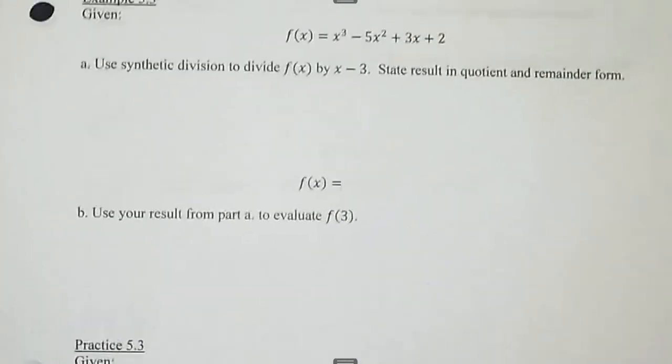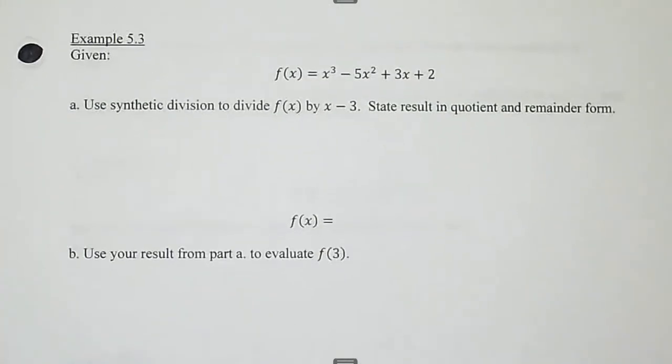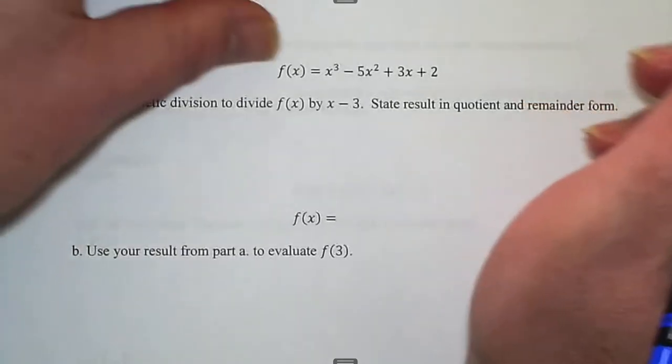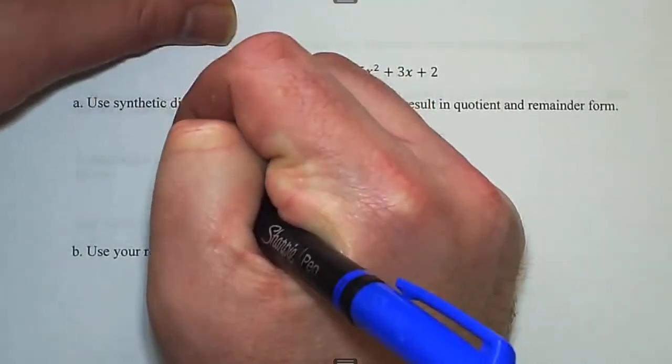All right, so this is where I wanted to get to so you can see why we're doing this. Given this function, f of x equals x cubed minus 5x squared plus 3x plus 2, I want you to use synthetic division to divide f of x by x minus 3, and we'll state our result in quotient and remainder form.